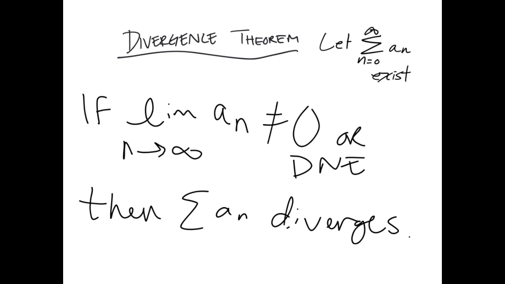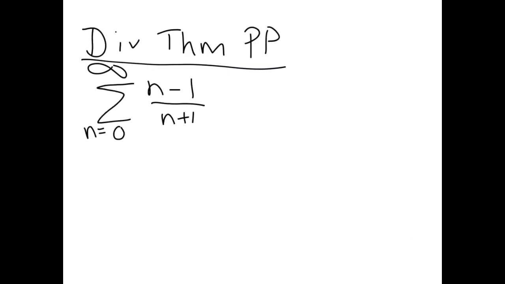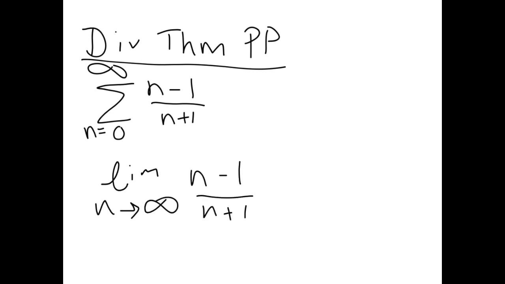So I want to try a practice problem. All right, we have a practice problem here. Now I'm going to take the limit as n goes to infinity of n minus 1 over n plus 1. Now, let's say n is 100. I will have 99 over 101.